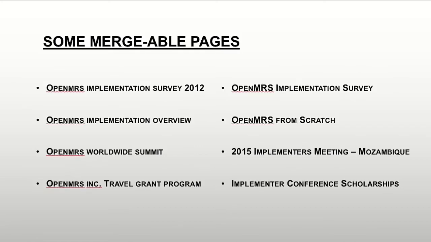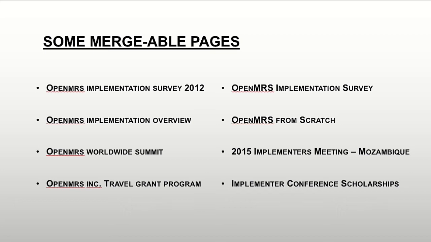Another problem is the presence of similar pages on our wiki. There are many pages in the OpenMRS wiki that give away the same meaning. These are pages that can easily be merged into one entity. For example, OpenMRS Implementation Survey for the year 2012 and OpenMRS Implementation Survey are two different pages.